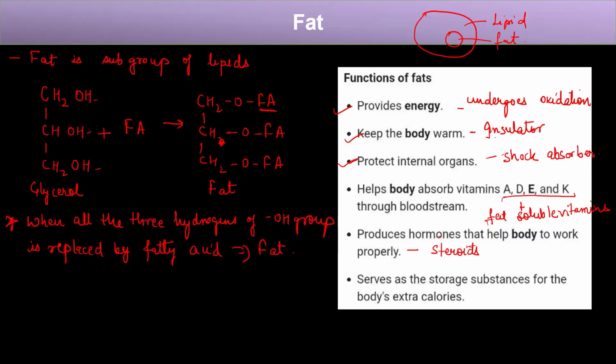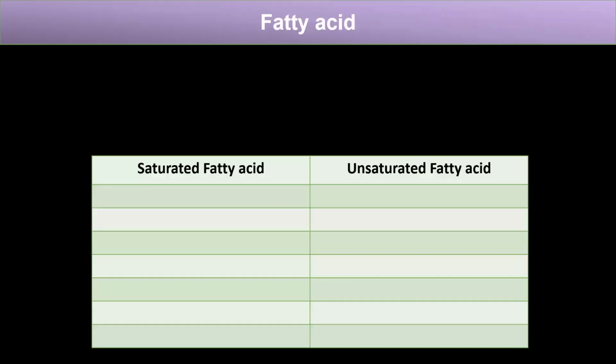Now we have seen what lipid is, what fat is, and we can also understand the difference between lipids and fats. Now let's talk about fatty acids. We have seen the structure of glycerol, but what is the structure of the fatty acid and what does it look like?